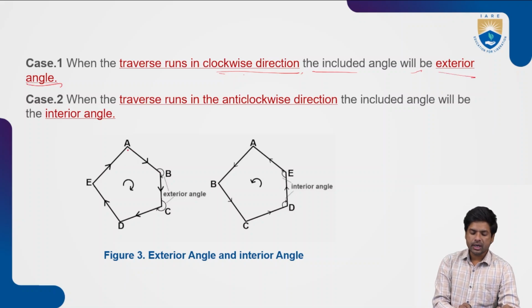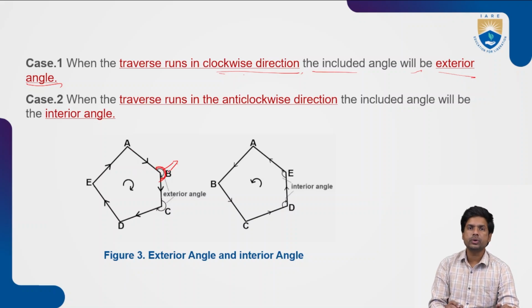The angle formed here, from this line to this line, is called an included angle. That means here it is an exterior angle.